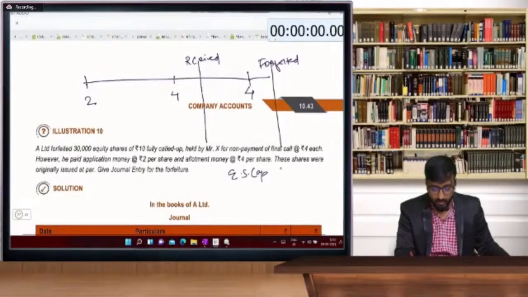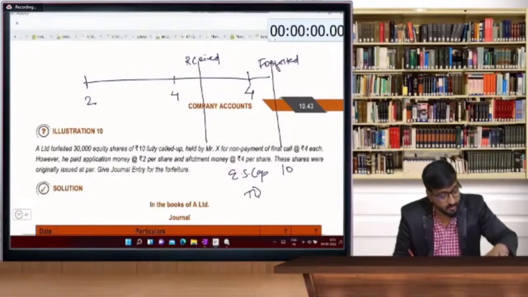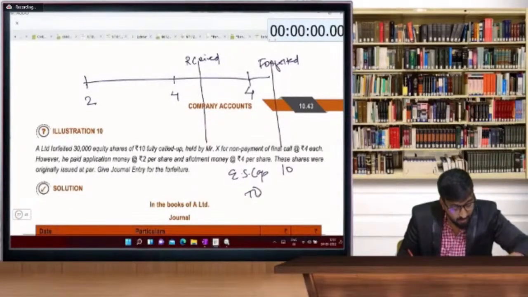Equity share capital 10. Beta, always write first. Yes, Jyoti Jha, very fast beta.